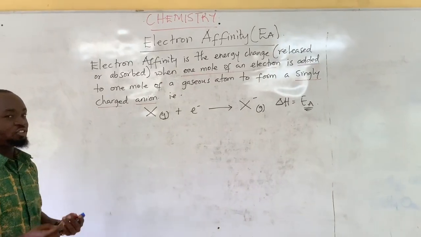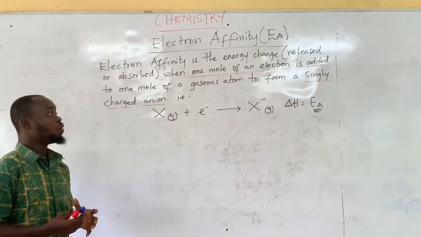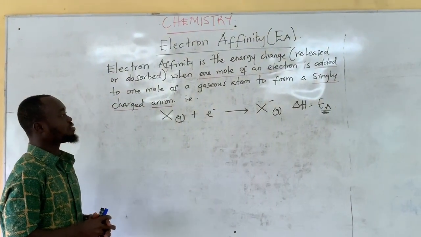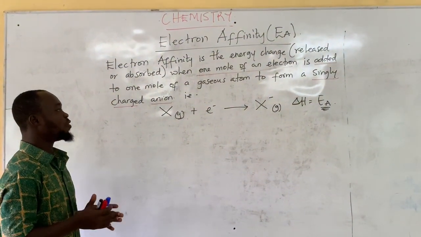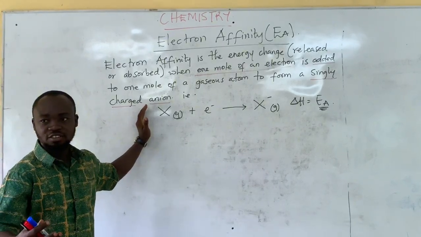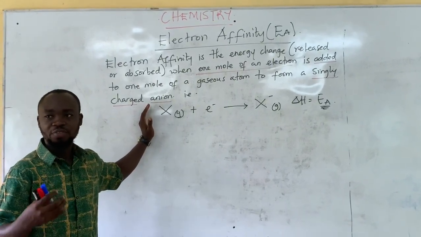So the enthalpy change when one mole of an electron is added to one mole of an isolated gaseous atom to form a singly charged anion is what we call electron affinity.